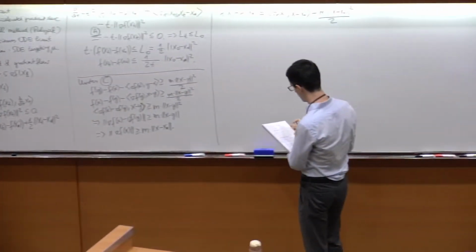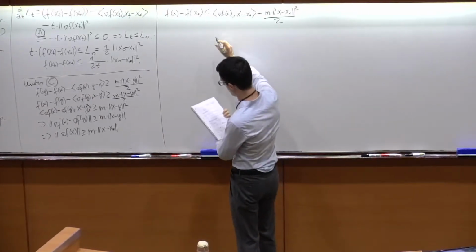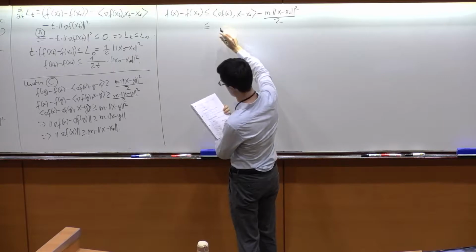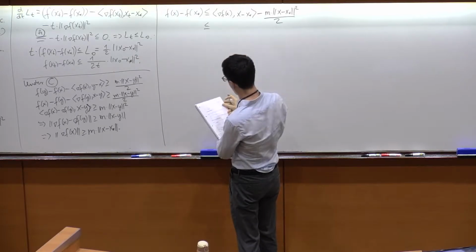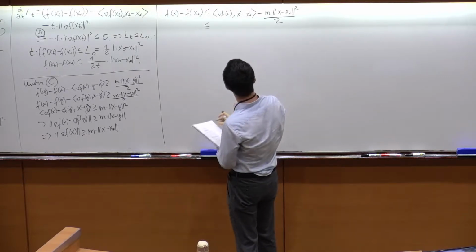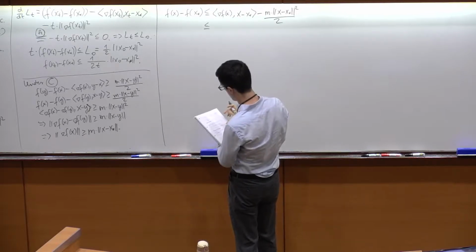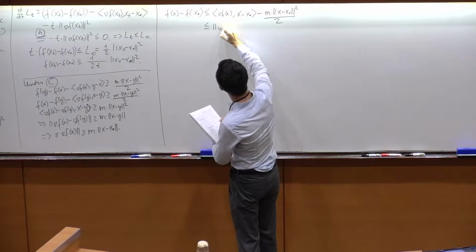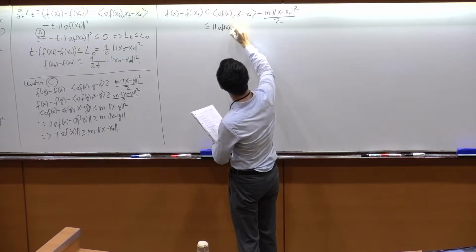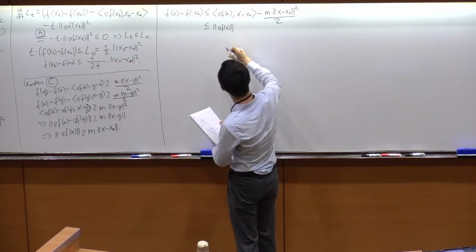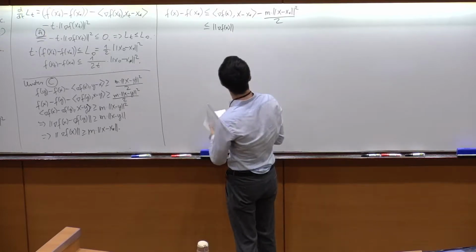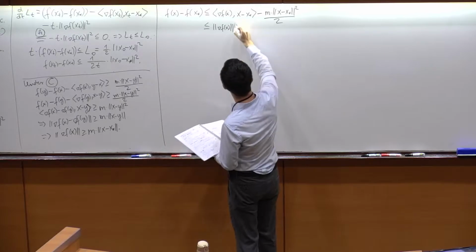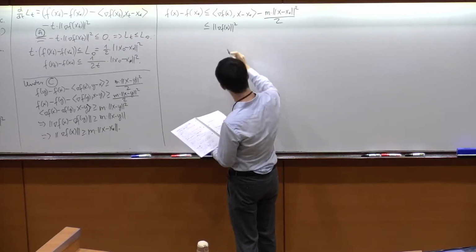And now you can further bound this by ‖∇f(x)‖² over 2m.